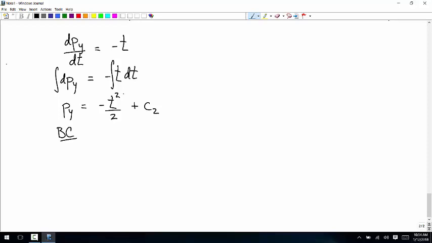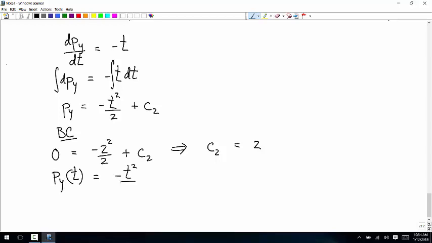The boundary condition says when time is equal to 2, py is equal to 0. So 0 is equal to negative 2 squared over 2 plus c2. So c2 is equal to 2. And so the y position as a function of time is negative t squared over 2 plus 2. Any questions about that?